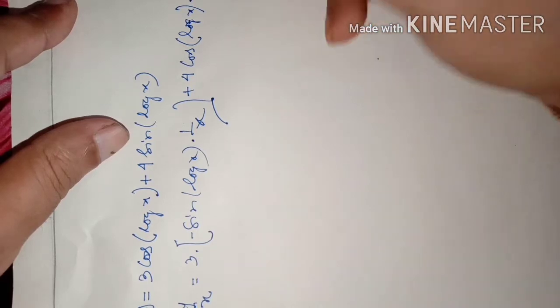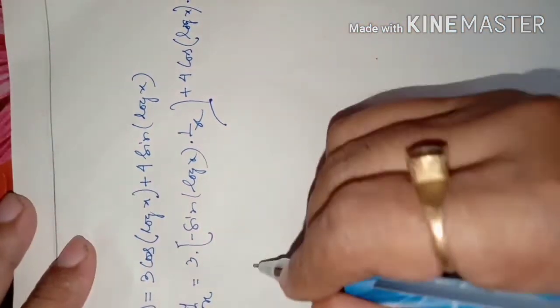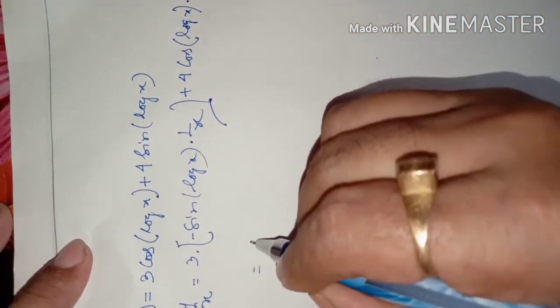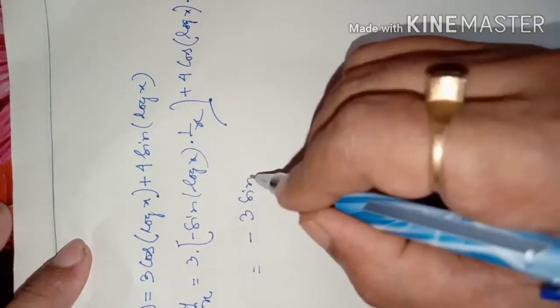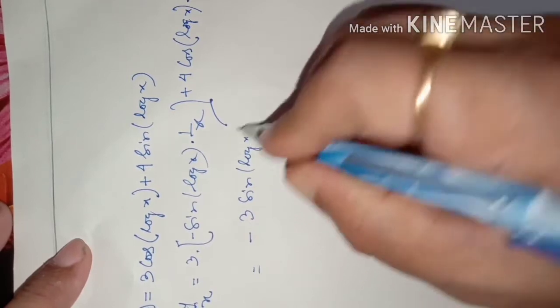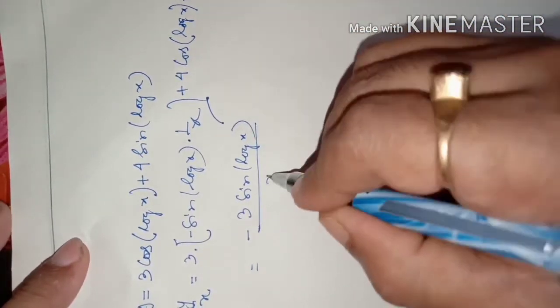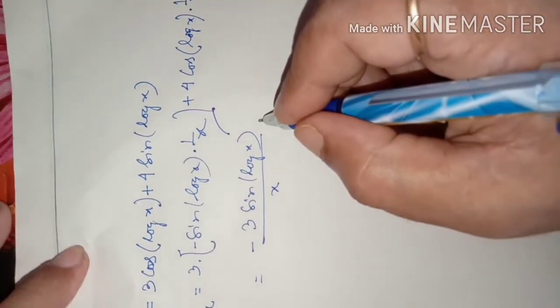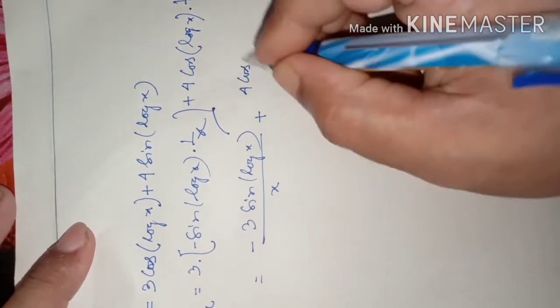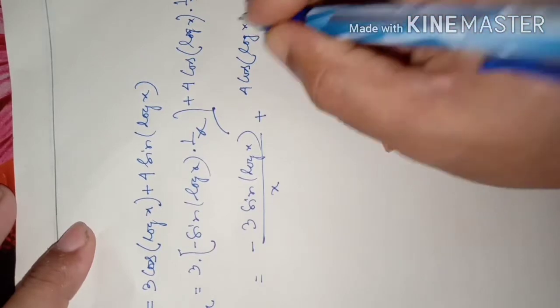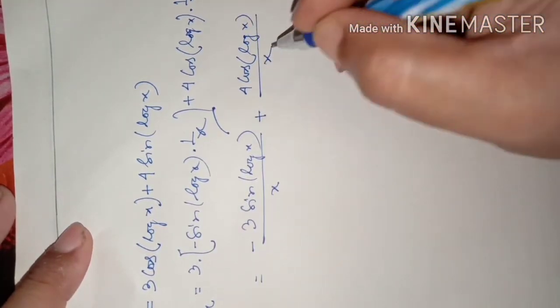So we got here, that is minus 3 sin log x divided by x plus 4 cos log x divided by x.